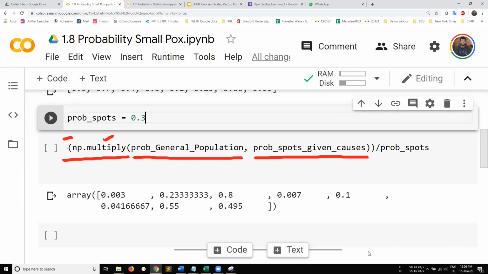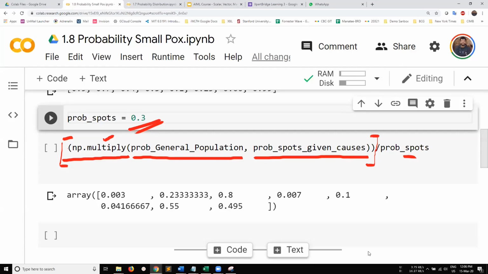So this part is giving me the result of multiplication of the two vectors, and then we divide that by the probability of the spots in the population in general, and then we get the data for each of these diseases.